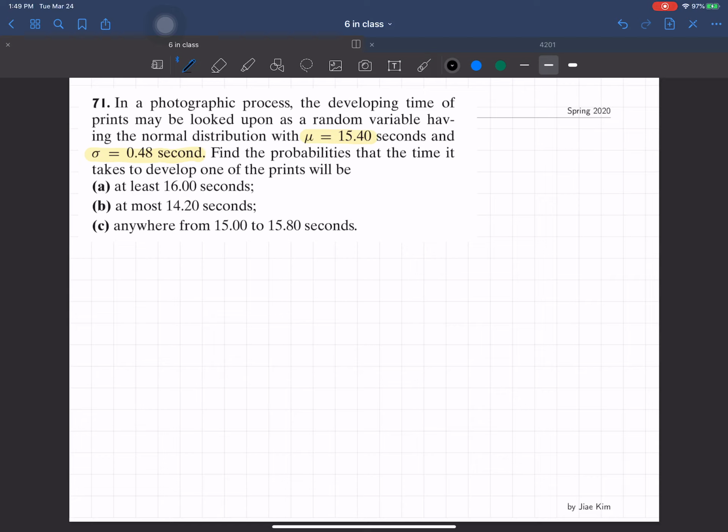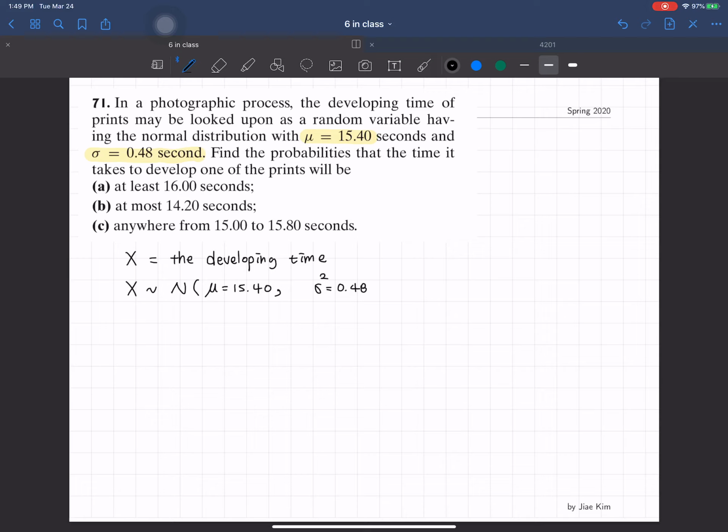16 seconds. Before we attack the first part, let's define what we are dealing with. I'm going to define my X to be the developing time. Based on the given fact in the problem, we know this follows a normal distribution with mean 15.4 seconds and standard deviation of 0.48.